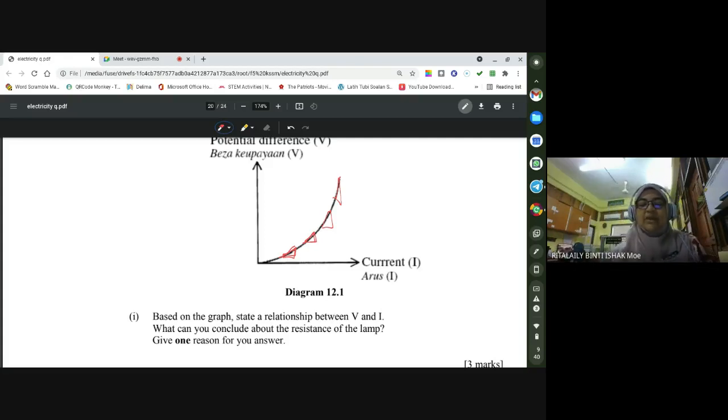Okay, last one. Give one answer. Give one reason for your answer. Why do you say that when current increases, resistance increases? How do we conclude that resistance increases?